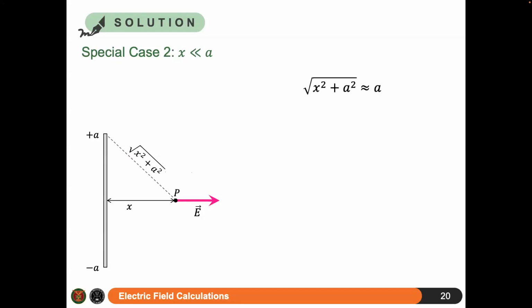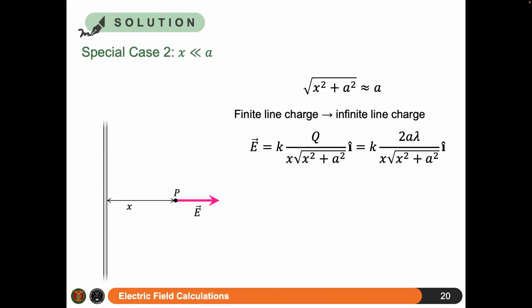Now if it is close, if x is very small, smaller than a, when we are very close to the charge distribution, the denominator becomes just the square root of a squared, since x squared approaches 0. The square root of a squared is just a.